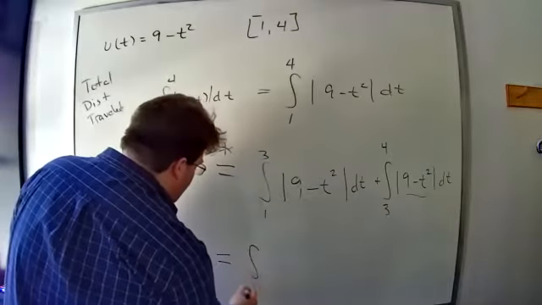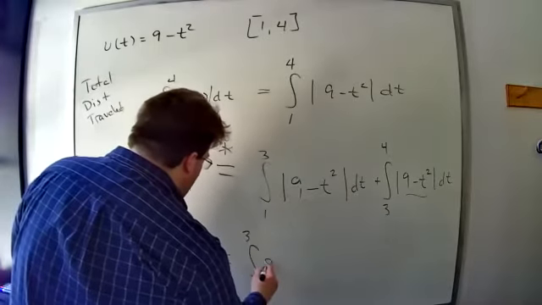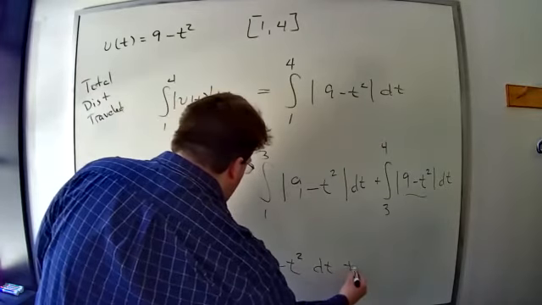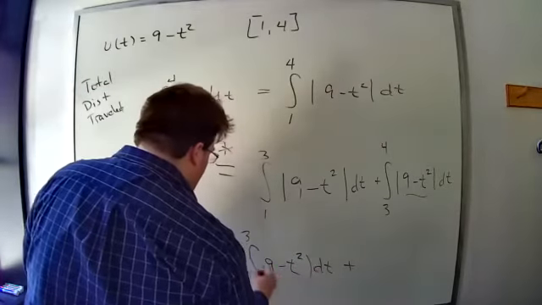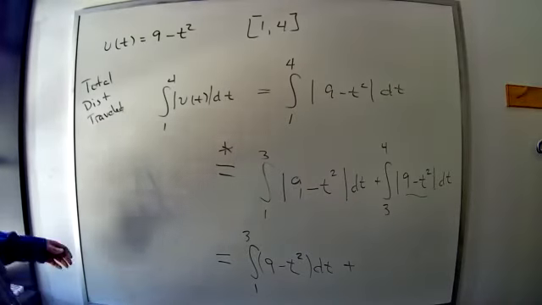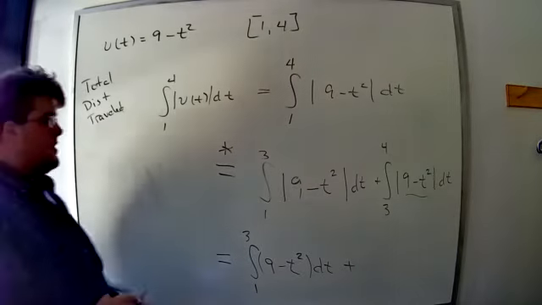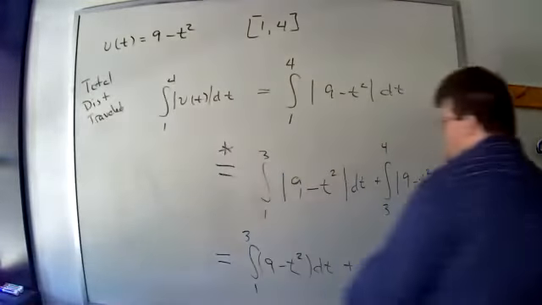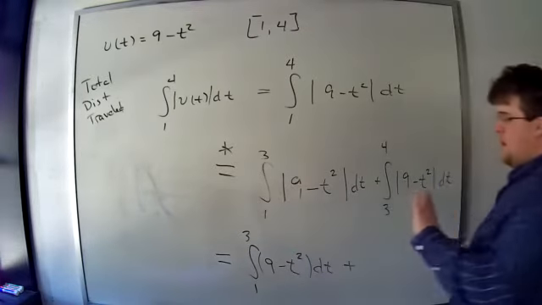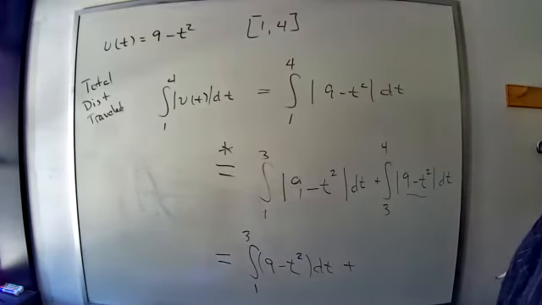The absolute value of a positive number is itself. So the first integral, what's inside the absolute value is positive, so the absolute value simplifies to itself.